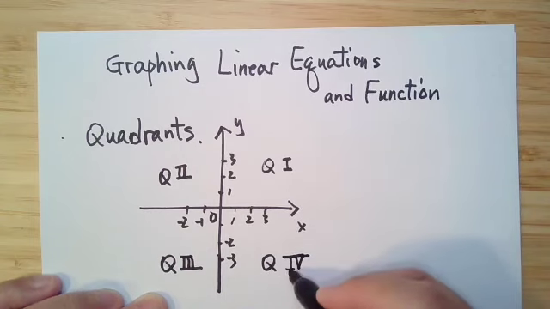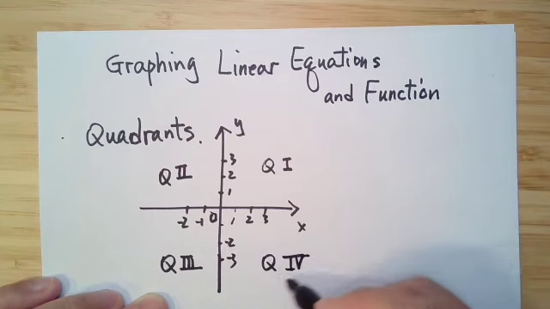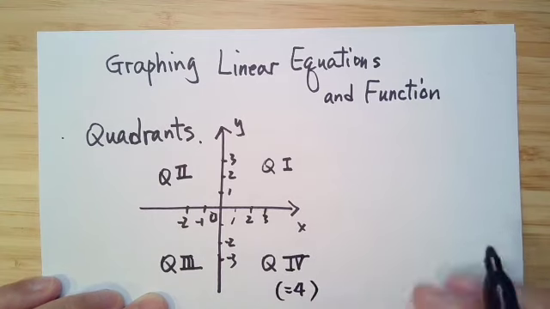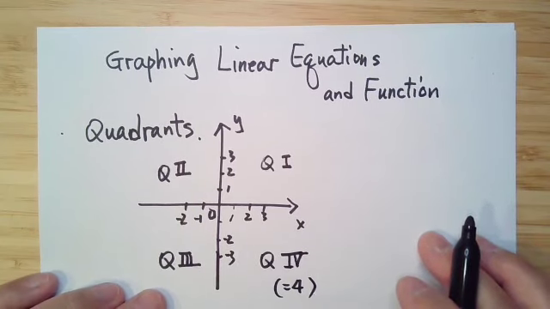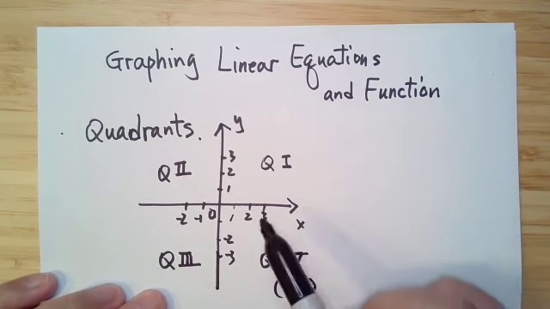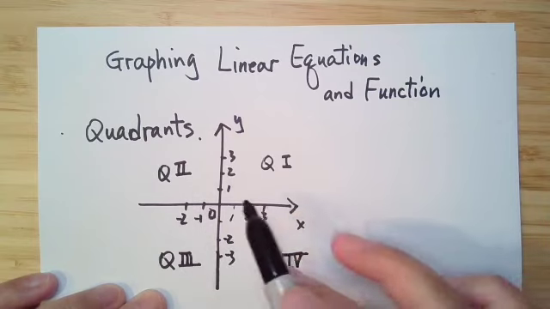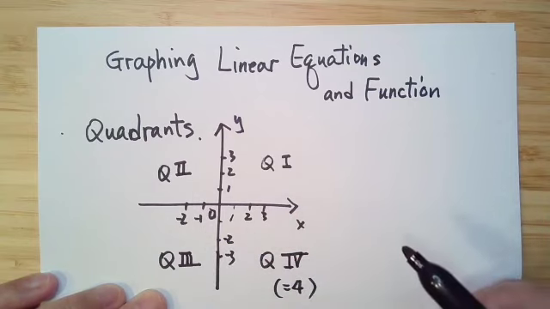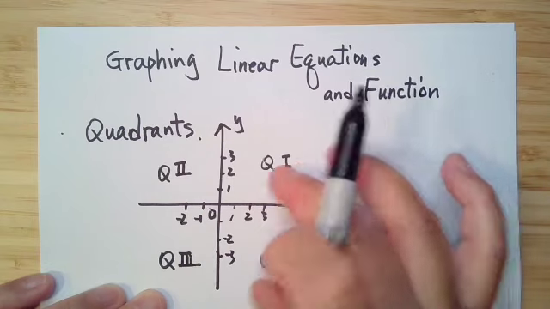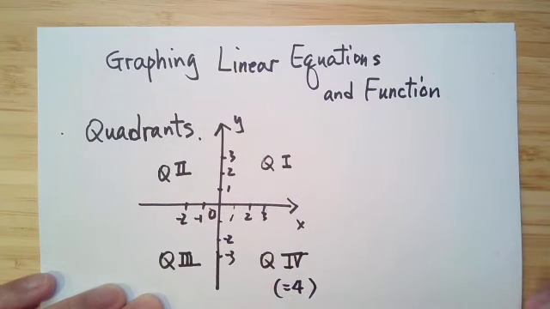So the I to the left of it means subtract. So this is equal to 4. So we learned the quadrants, and we're going to do all the things in this class on this coordinate plane.